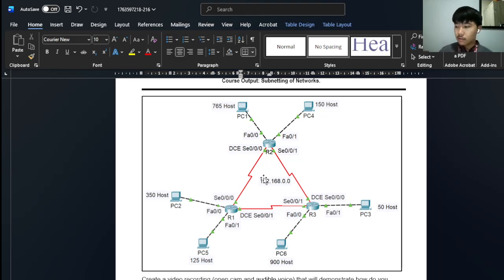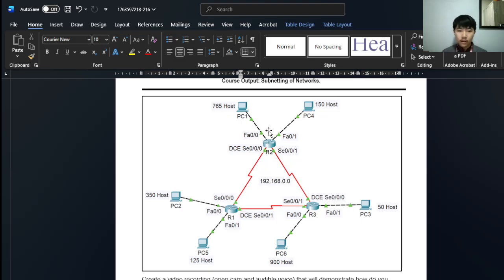On the diagram there is a given base network.